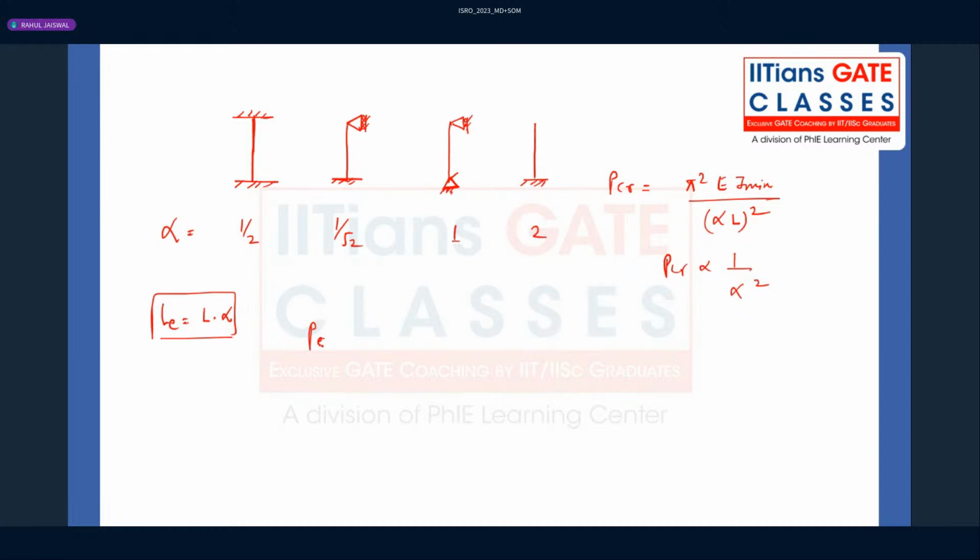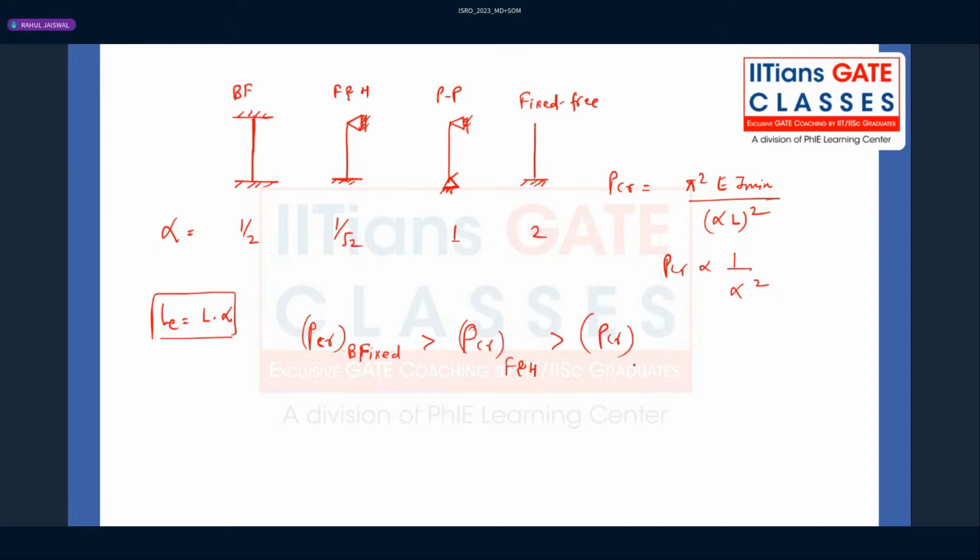Critical load required for both the ends fixed will be larger than critical load required for fixed and hinged. This is both the ends fixed, then hinge, pin, and fixed and free.